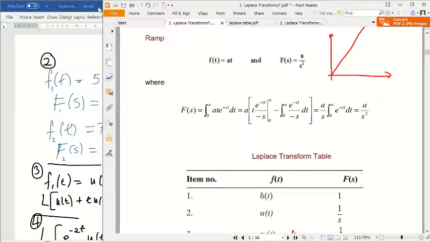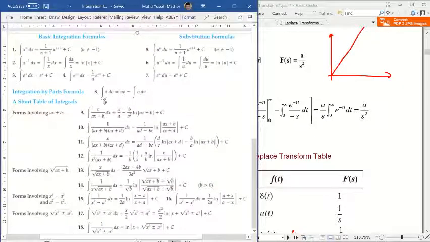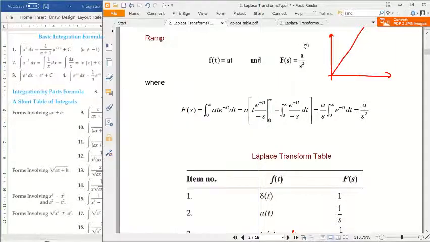You're supposed to use the table of integration, this formula of integration. If you already forgot, do your revision about integration. Use this formula to integrate this, and you're supposed to get this, and then after substituting the value at the end, you get this.